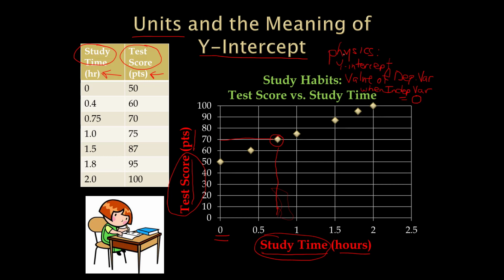So I have that noted here. In physics, the y-intercept is the value of the dependent variable when the independent variable equals 0, in whatever units we're talking about. So on this one, with a study time of 0 hours, our test score is 50 points.